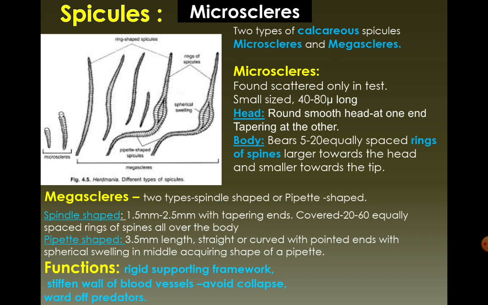And then many 1 markers can come, and they may also ask you to write about the different kinds of cells or corpuscles seen in the test of a Herdmania. Then you have to write all those 6 different types of cells for 5 marks along with their diagrams. And many 1 markers can come in this, so you have to be thorough with the topic that we have discussed so far.